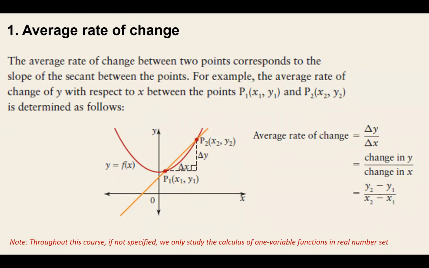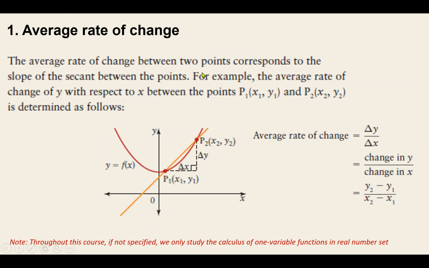For example, as shown in this graph here, the average rate of change of y with respect to x between 2 points P1, which is here, and P2, which is here, is determined as follows.